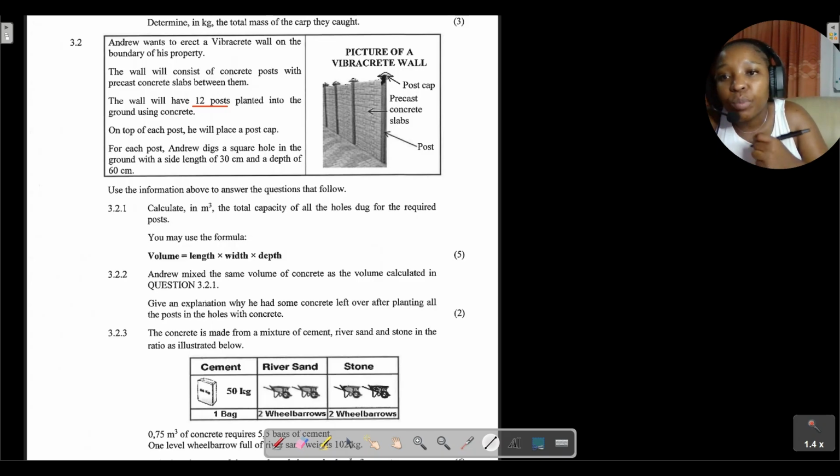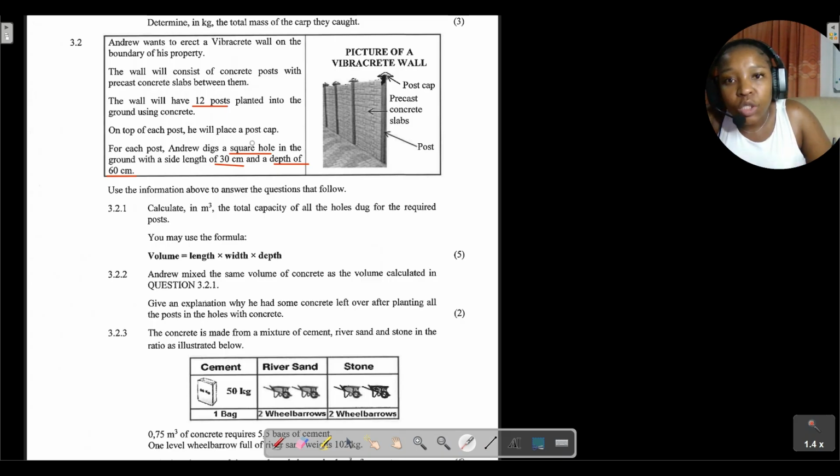On top of each post, he will place a post cap. For each post, Andrew digs a square hole in the ground with a side length of 30 centimeters and a depth of 60 centimeters. So just a quick analysis of what's happening here.